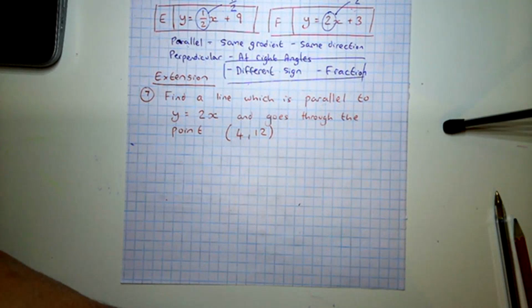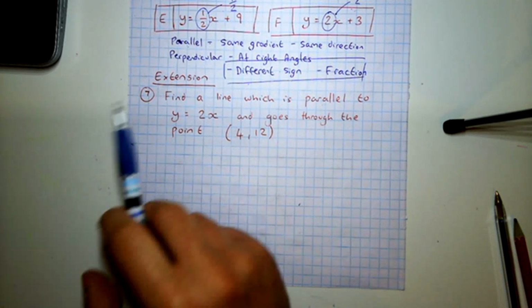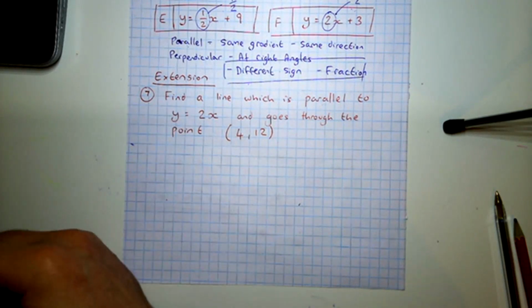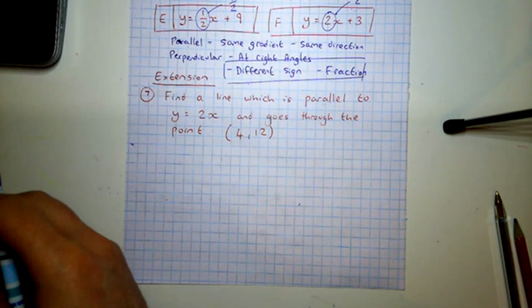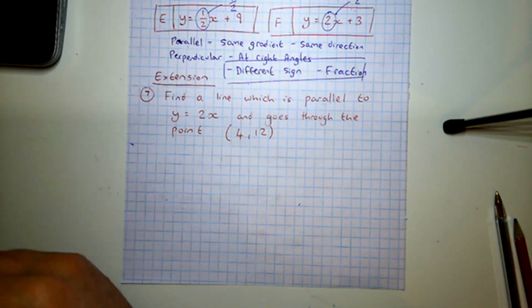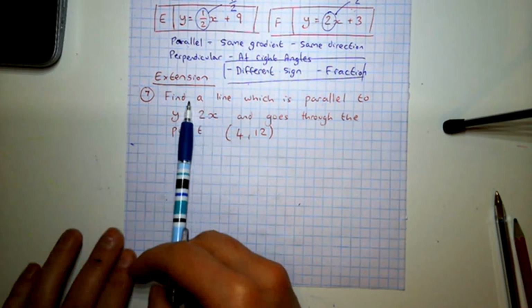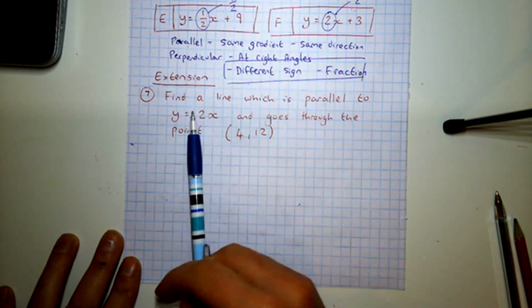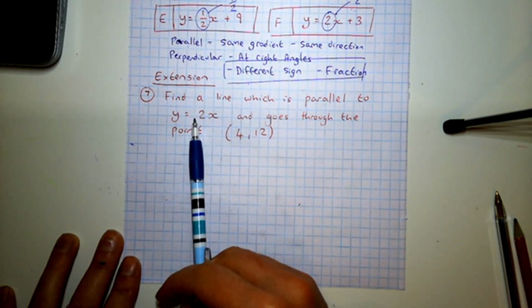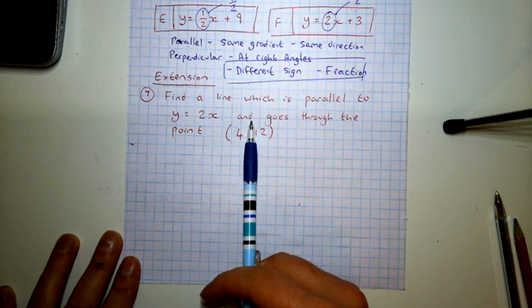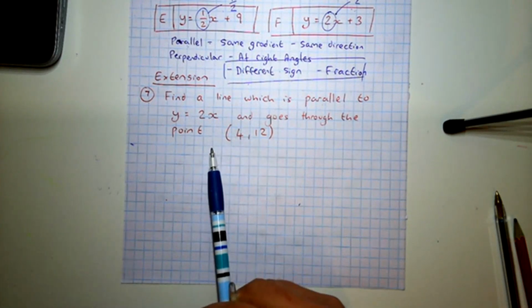So I'll work through this one, but it's called extension not because I only want some people to try it, not optional, but just to let you know it's difficult. If you try this one and you don't get it, it's okay. So find a line which is parallel to y equals 2x and goes through the point 4, 12.